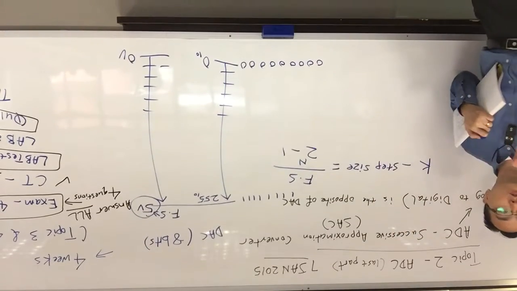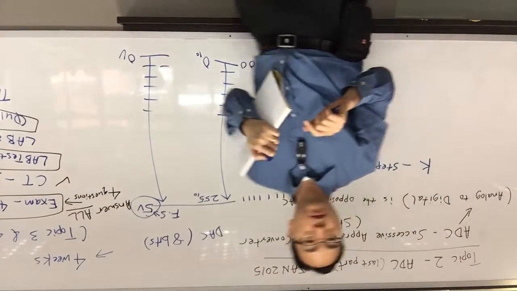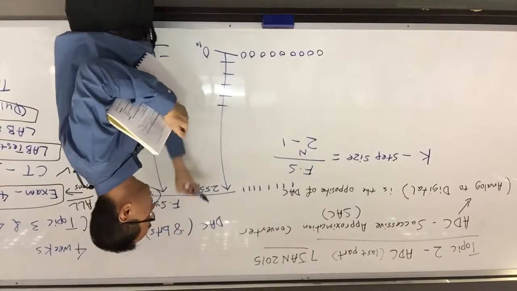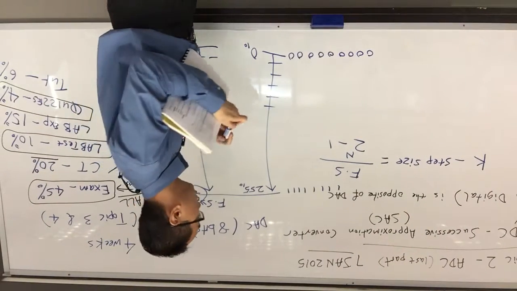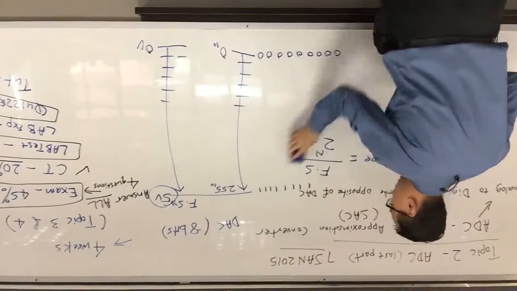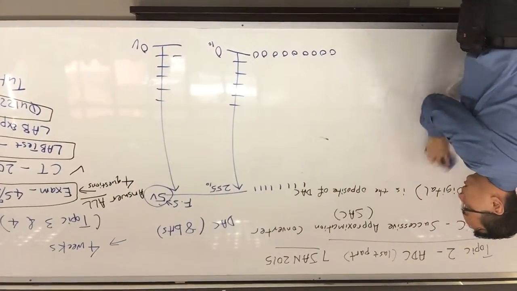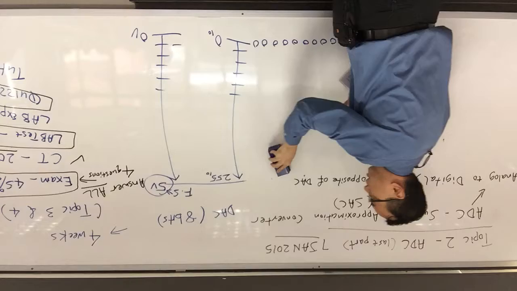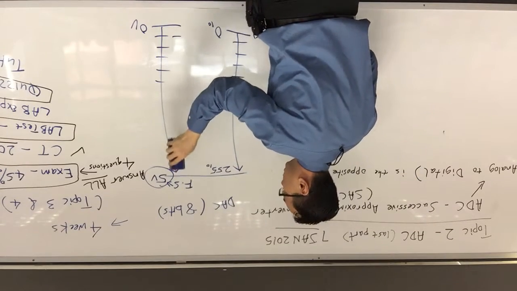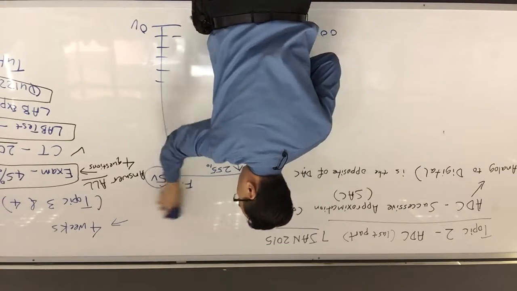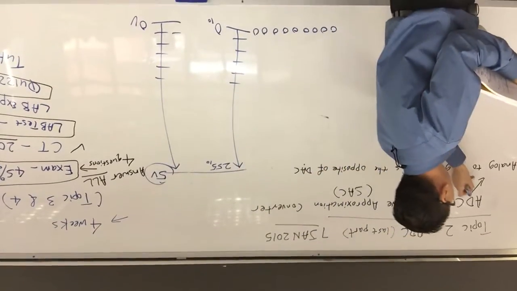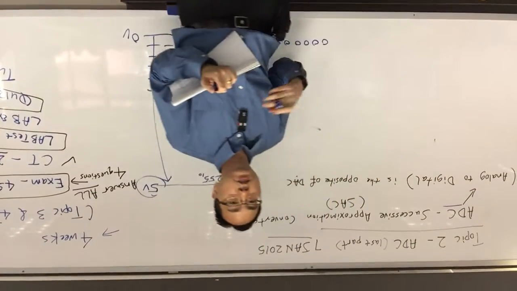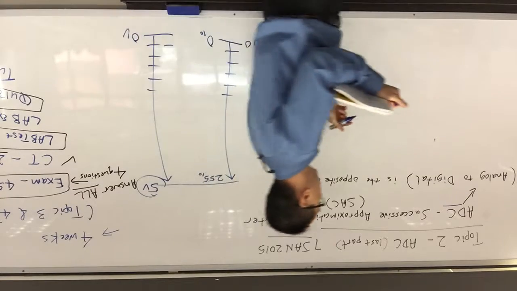So you all know this one is quite clear cut. That is for the case of the digital to analog converter. We know this very clearly in step size. That's fine. Now let's move on to the other case. For the analog to digital converter, ADC, same thing applies.